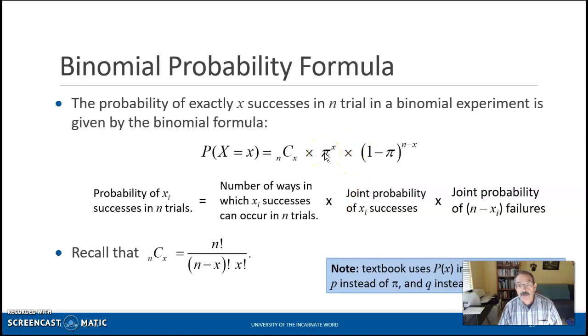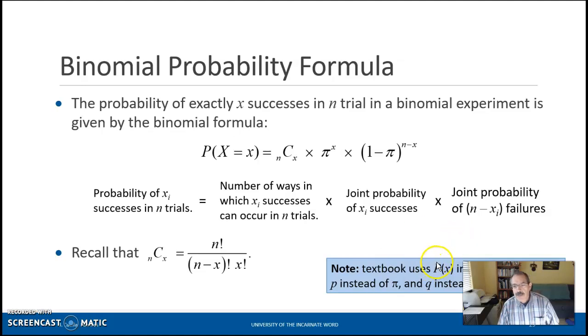This is the joint probability of X successes, and this is the joint probability of n minus X failures. So if you have 5 trials and 3 successes, then you must have 2 failures. So that's how this equation works.